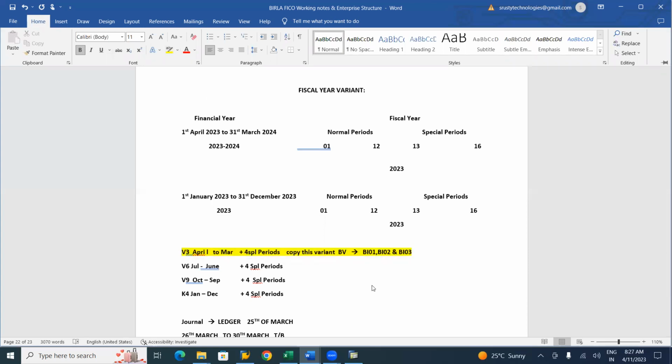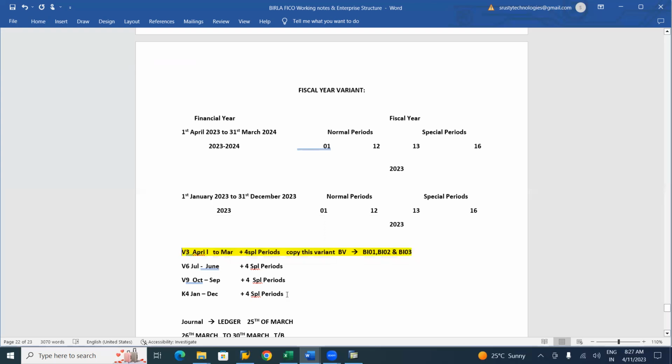We are going to copy this BV variant. Now let us see how the V3 variant is defined by SAP and what the different attributes are. As we know, what is V3?